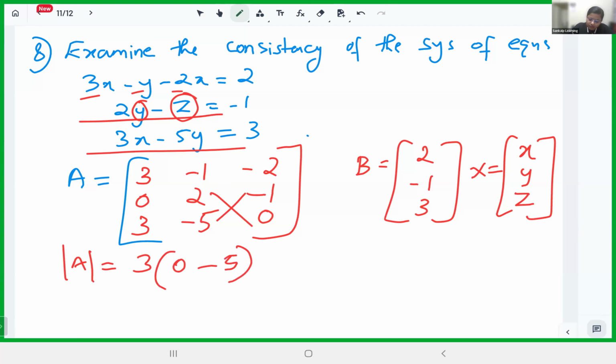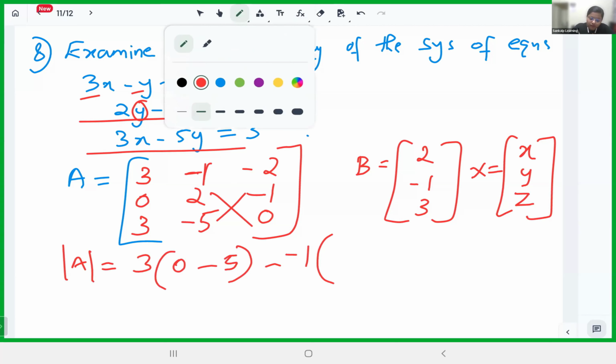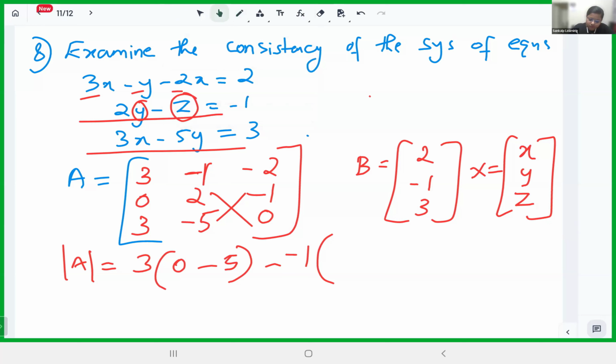Then you have to put a minus there, then this minus 1 into, you have to delete the column and row containing minus 1. So it is 0 into 0 is 0 minus minus 1 into 3, which is minus 3.